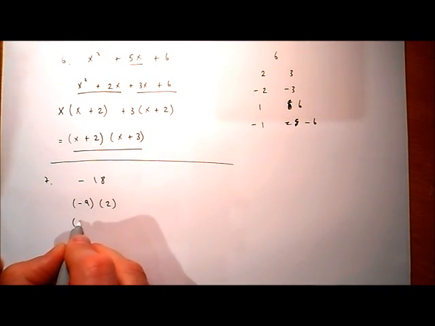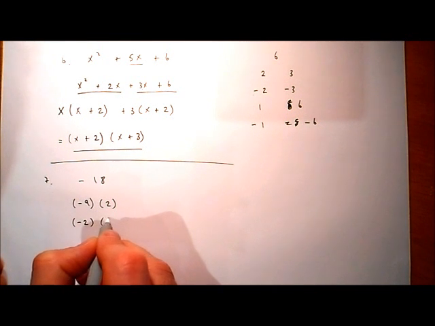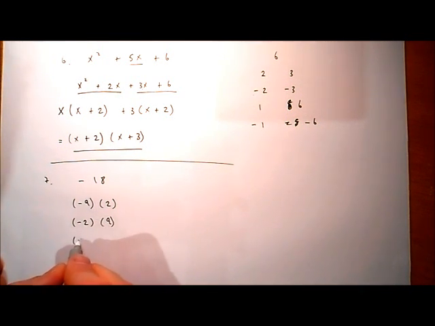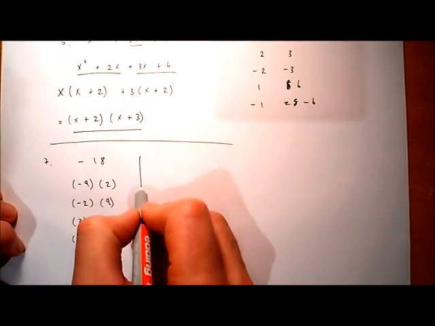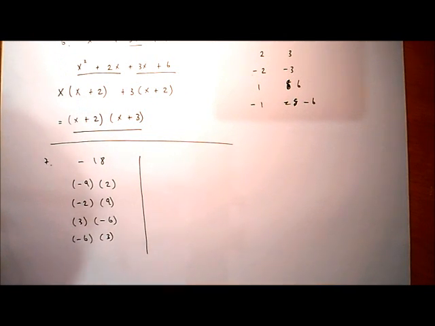Or I could have minus 2 times 9, or 3 multiplied by minus 6, or minus 6 times 3. There's a whole load of different ways of doing it. So I'm going to leave it at that, but there are other ways of doing it as well: 1 times minus 18, or minus 1 times 18.